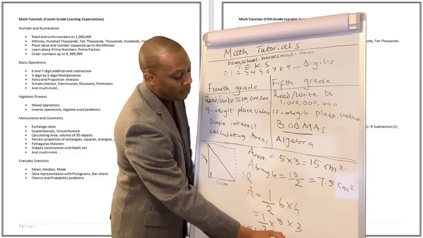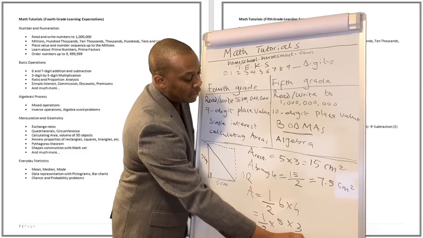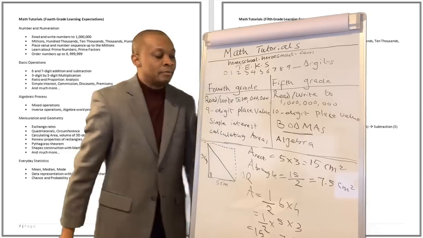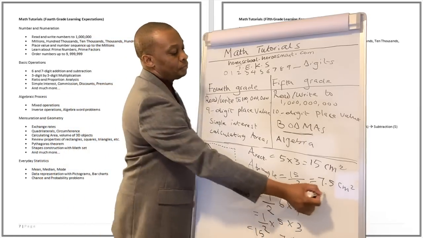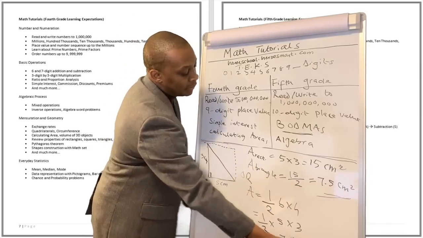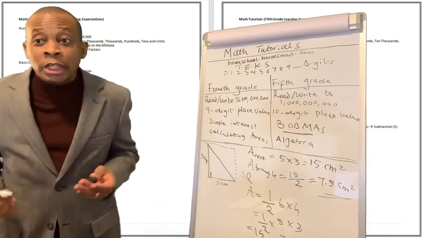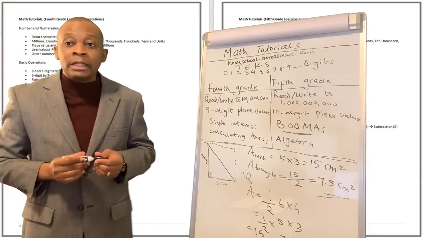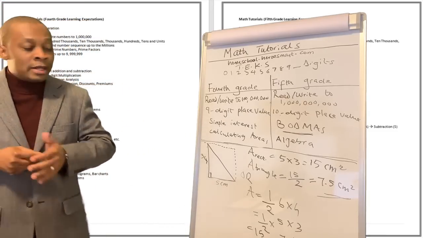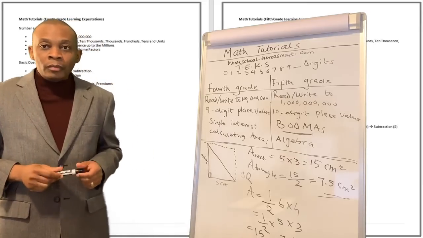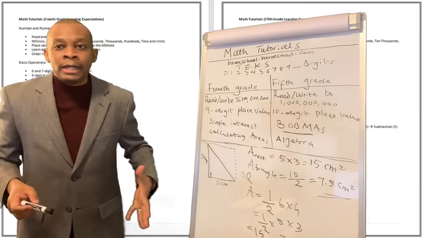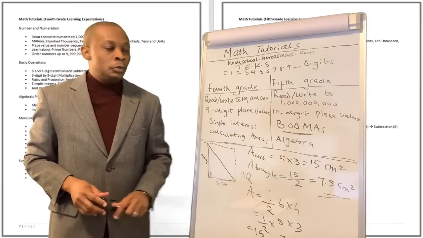Again, that is 7.5 centimeters squared. We arrived at the same answer. So that's a quick little way that you can use to teach your child how to calculate the areas of a rectangle and a right-angled triangle, using those 2 approaches.